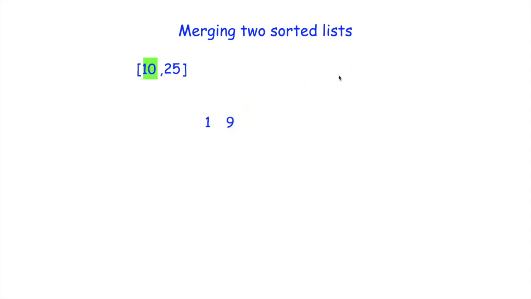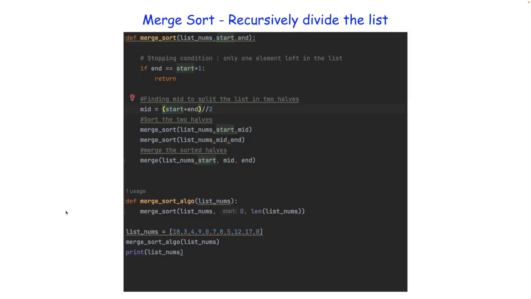And now the second list is empty. The first list has 10 and 25 in the sorted order, so we can just append these two numbers to our result list. And finally we have 1, 9, 10 and 25 in a sorted order.